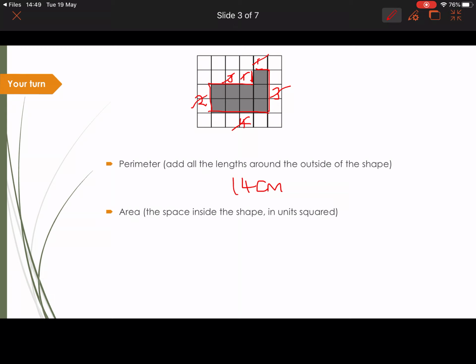The area, however, involves counting the squares. I have 1, 2, 3, 4, 5, 6, 7, 8, 9 squares, and I need to give my answer in units squared, so that's 9 centimetres squared.